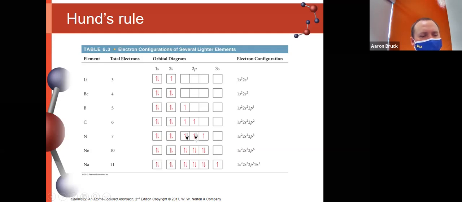Fluorine would have another one there, and then neon would have the entire sublevel filled that way. And then once we fill that, we move on to the next sublevel, which would be the 3s, and then the 3p, and then the 4s, and so on.